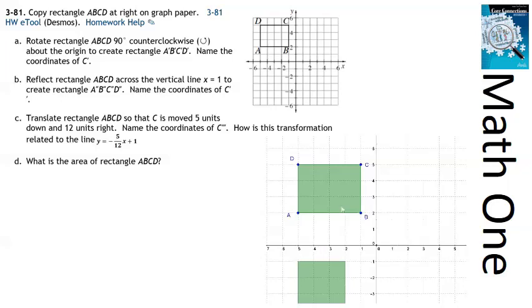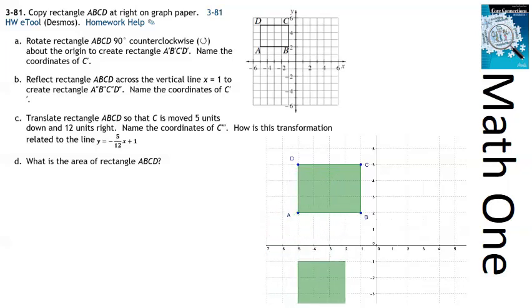Interesting, I think. This was -1, +5, and this is -5, -1. Something similar is happening with B. B was at -1, +2, and B prime ends up going to -2, -1. So something definitely worth writing down there to see.